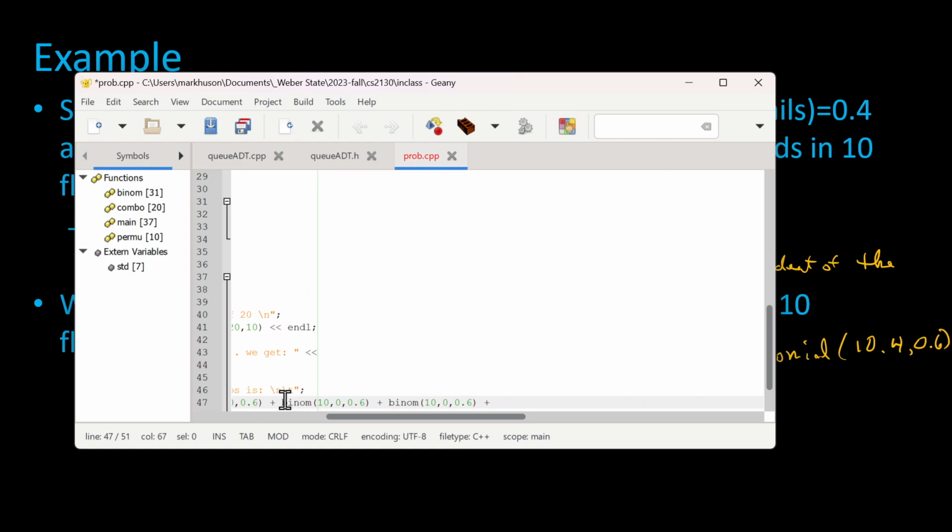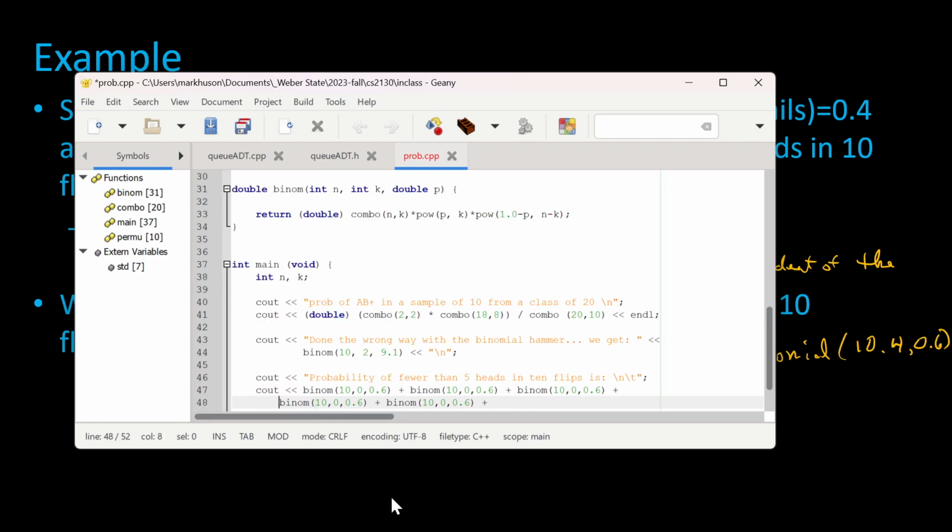Try to watch your columns, how many columns you have on stuff. Just move it down to the next line. So I've got a 1, a 0, a 1, a 2, not a 20. That would be a weird answer if I had a 20 there.